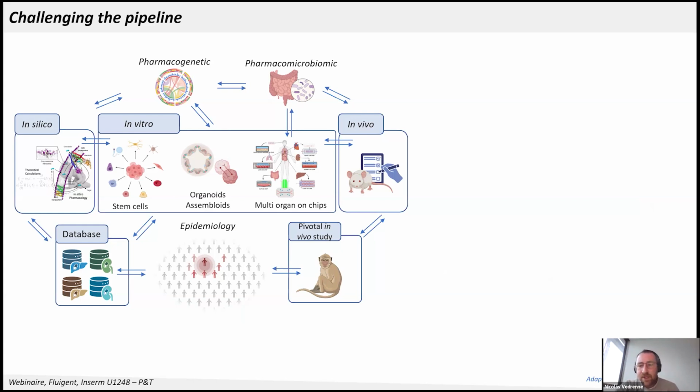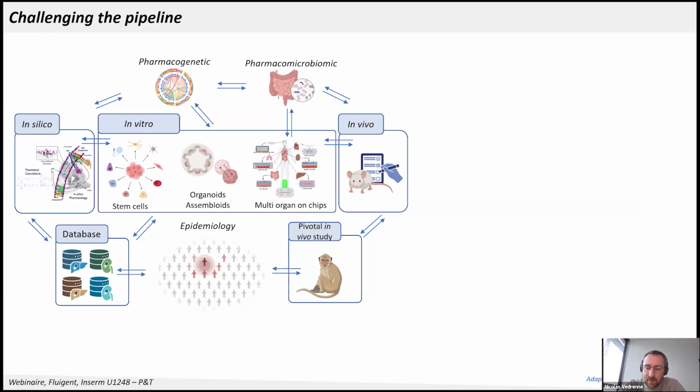A key shift in the use of this technology, which mimics human physiology and disease more accurately than ever before. These advances reduce the need for animal testing and improve translation to the clinic.